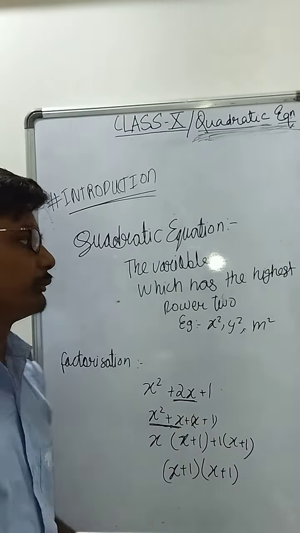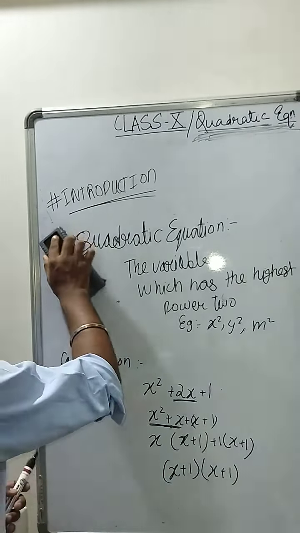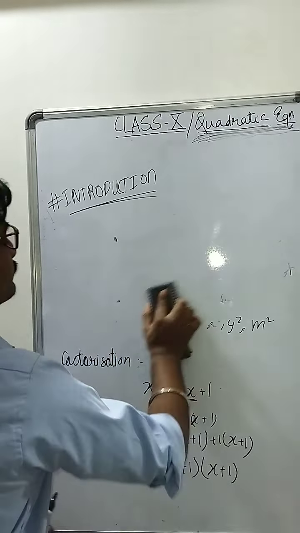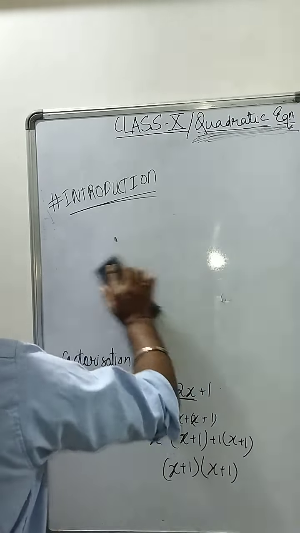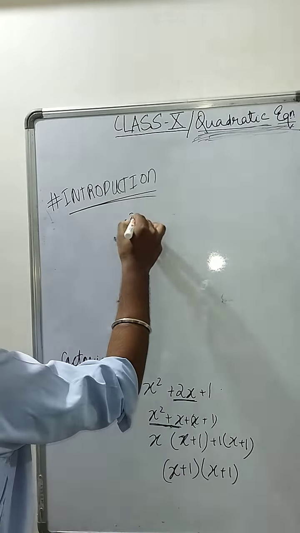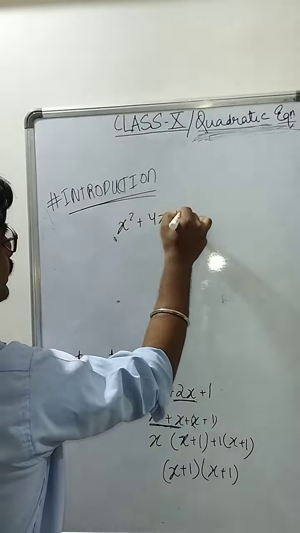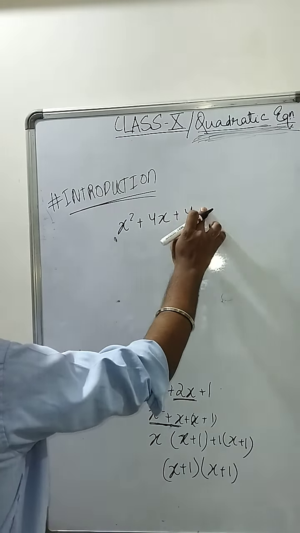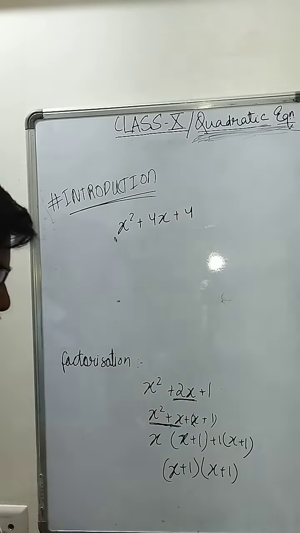Let's see another example, that is x square plus 4x plus 4 equal to 0, which is also a correct form of quadratic equation.